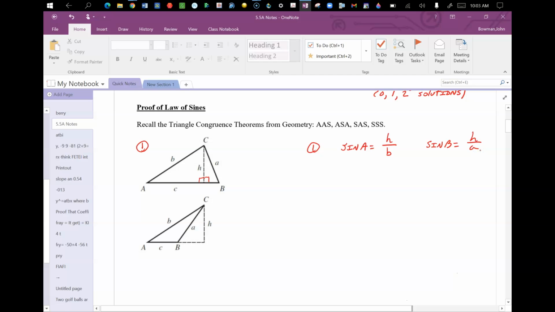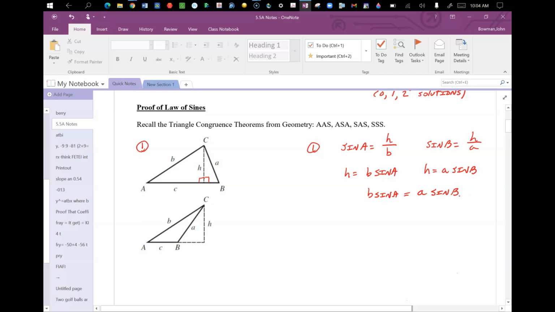If we were to solve both of those equations for h, we would get h is equal to b sine A, and h is equal to a sine B. In which case we could set those equal to each other. So we would have b sine A is equal to a sine B.